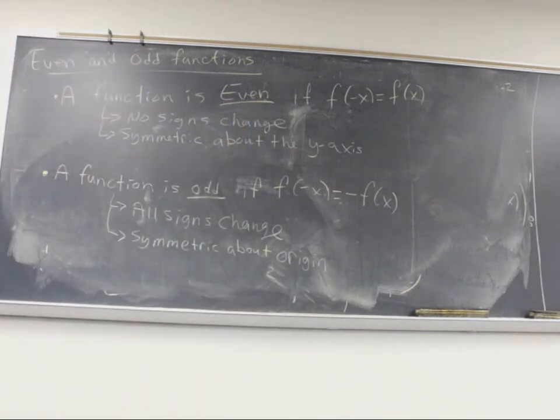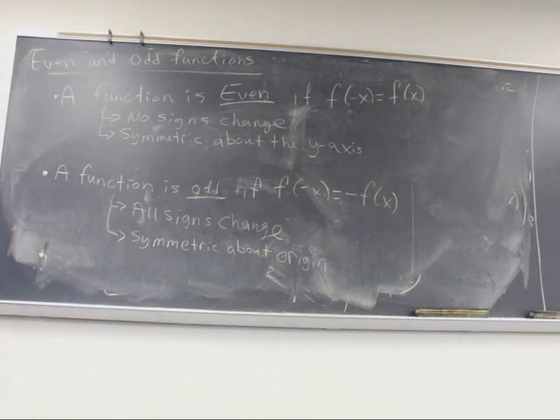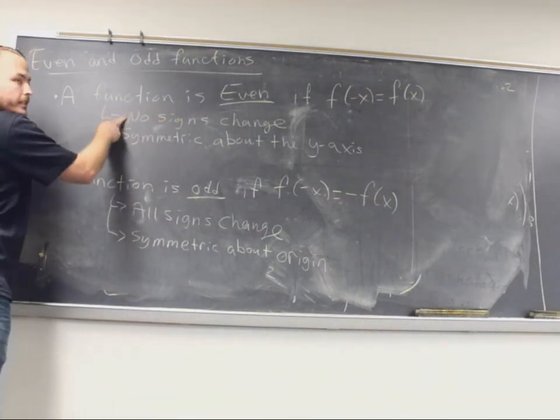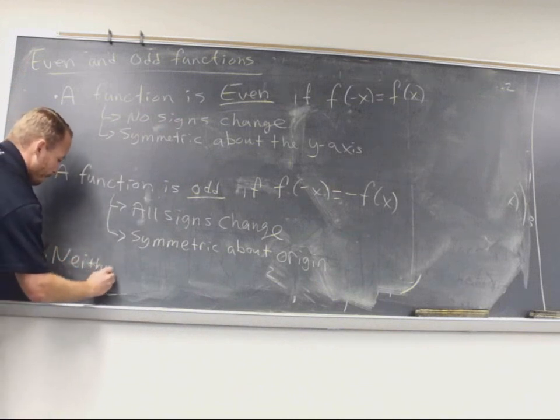All right, so those are our two big ones there. And just to note, you could have a mixture. You can have some of the signs change and some of the signs not change. You can have a neither function also.